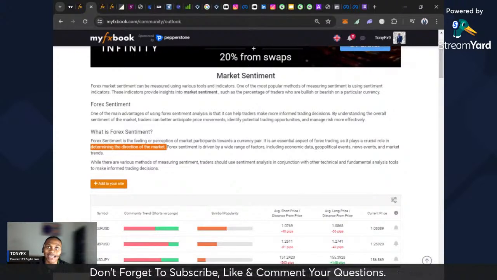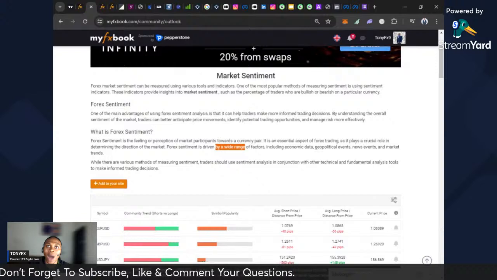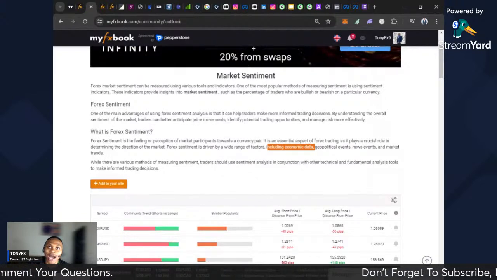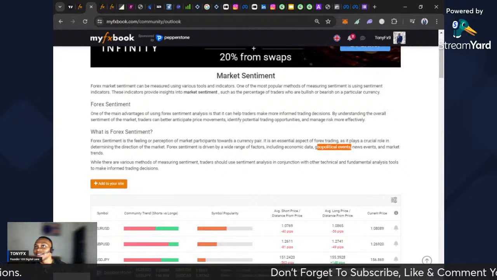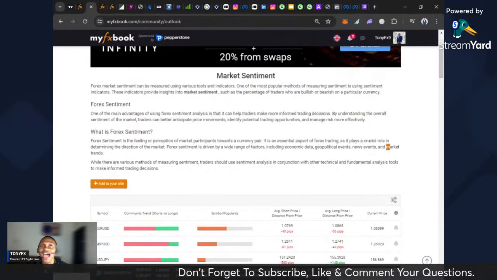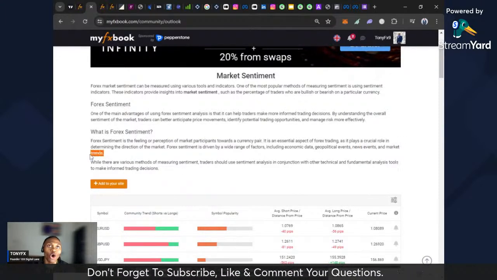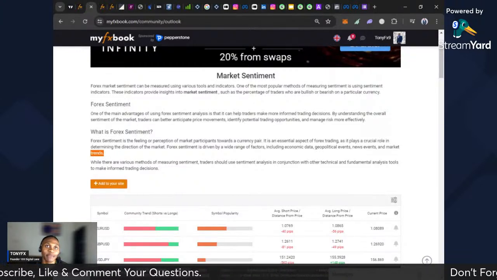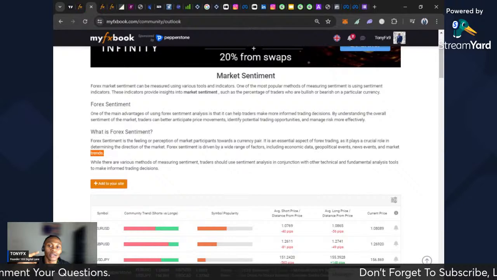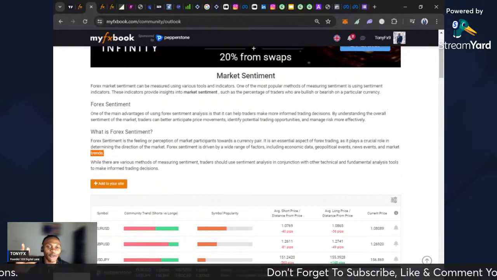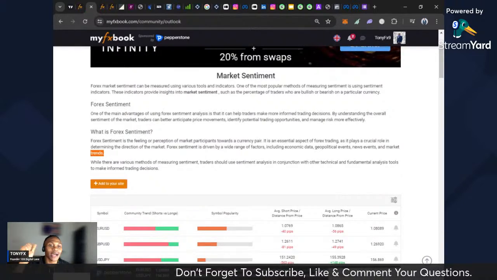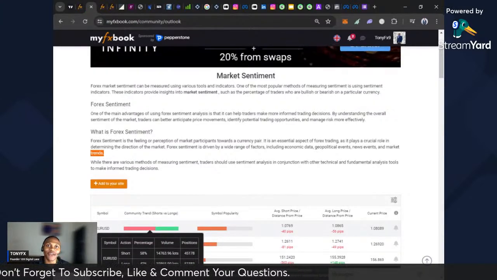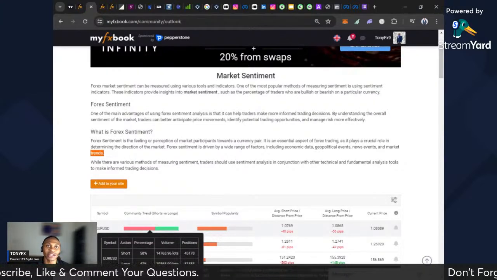Forex sentiment is driven by a wide range of factors, including economic data, geopolitical events, news events, and trends. So we're checking out what market participants are thinking about currency pairs, including banks, companies, hedge funds, investment banks, and retail traders. For this, I see sentiment is 58% short, 42% long for Euro/USD.